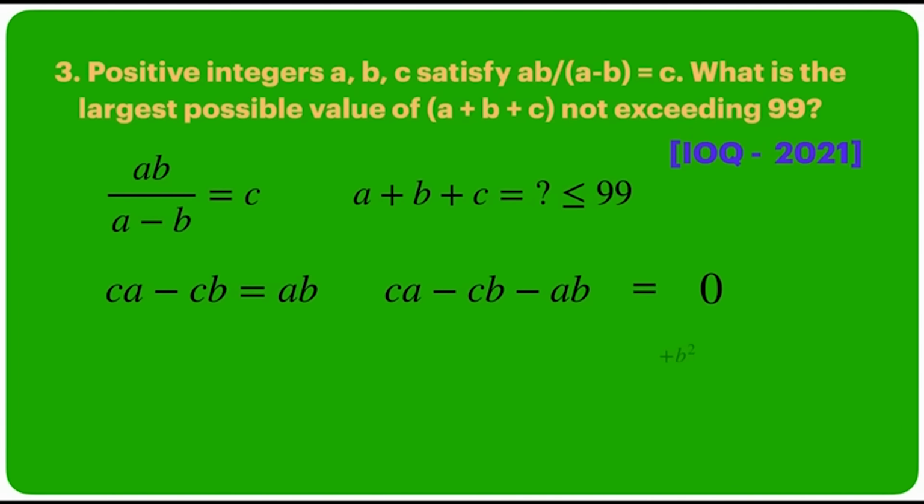The next term will be b square, isn't it? So b square comes, we can take plus b square on both sides, and then we can easily factorize.